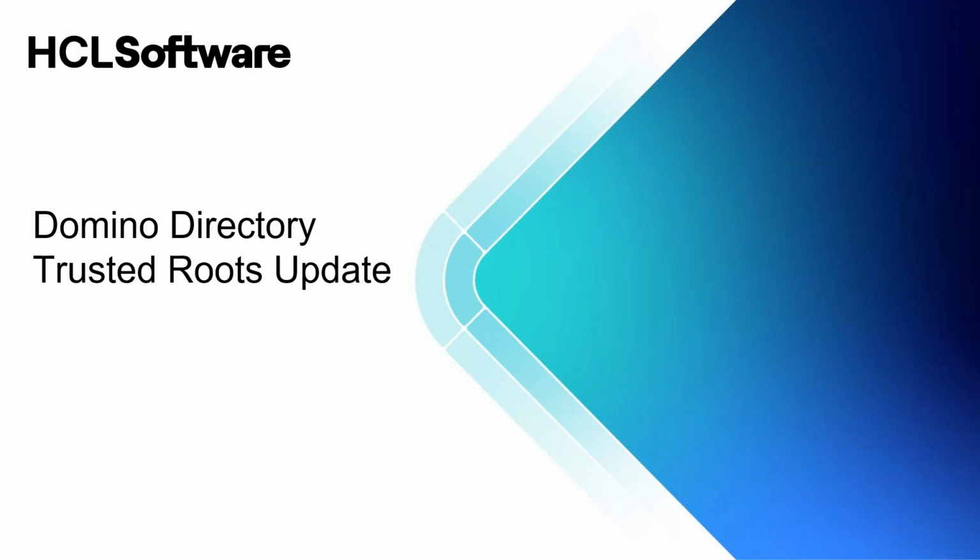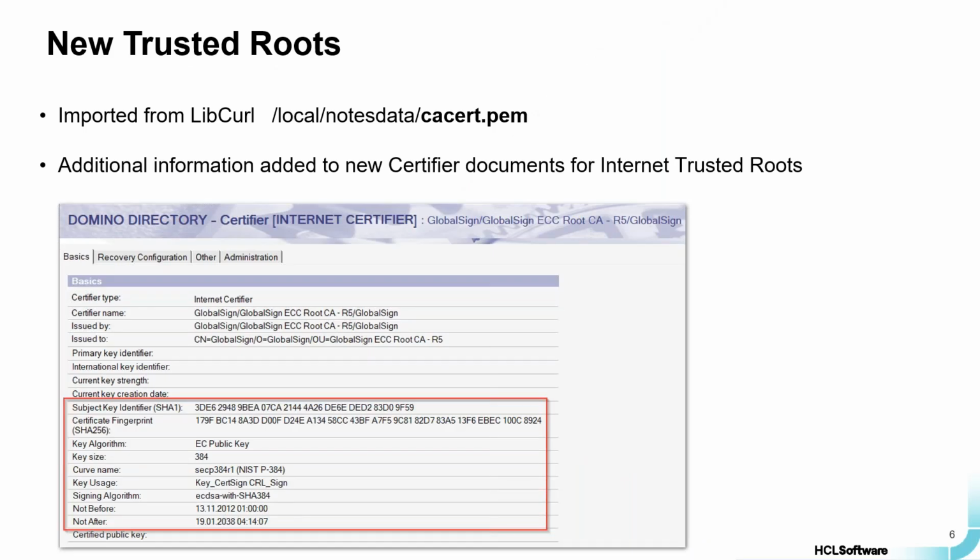But this is not really a new feature. This is just ground functionality. What I'm now presenting is something that most of you will not notice without me telling you. So when you look into the trusted roots in the Domino directory, those trusted roots were pretty old, and you couldn't see all the details about the certificates.